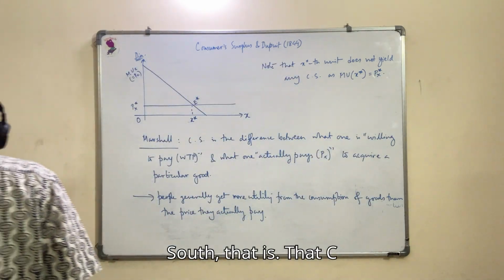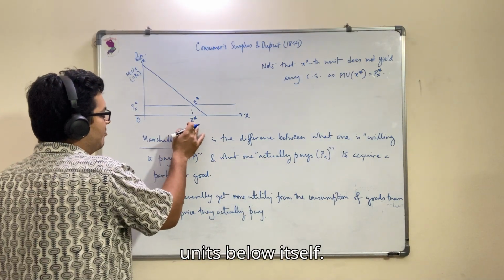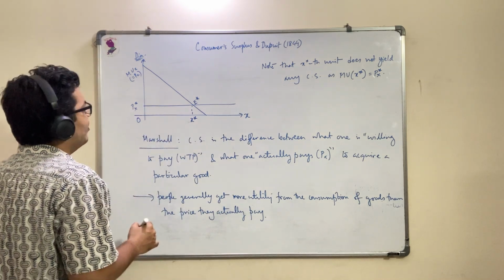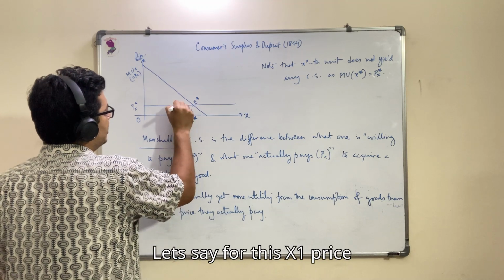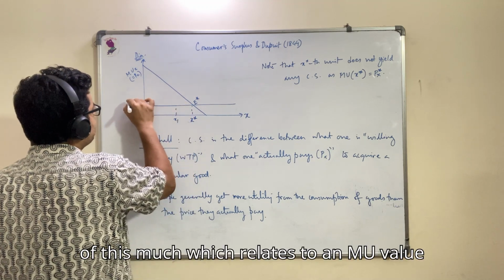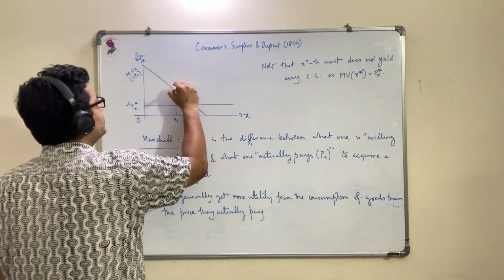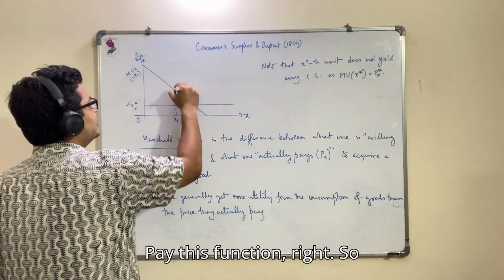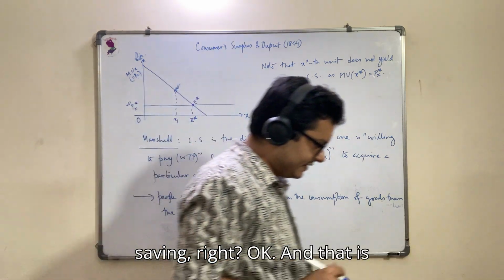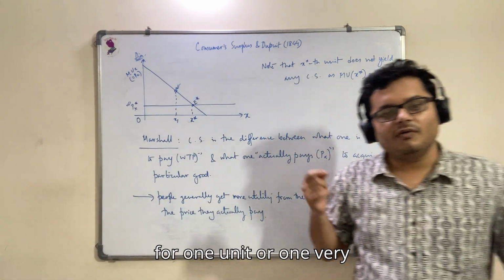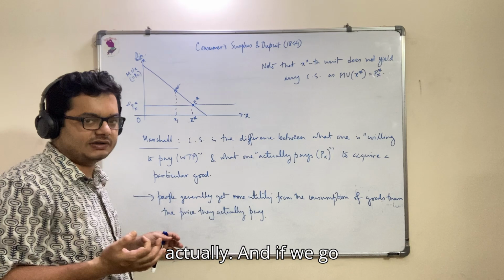So that means that we can calculate CS for units below X star, and although you are paying a price, let's say for this x1, of this much, which relates to an MU value of this much, you are ready to pay this much, right? So that means this is the length that we are saving, right? Okay, and that is for one unit or one very small amount of x actually.